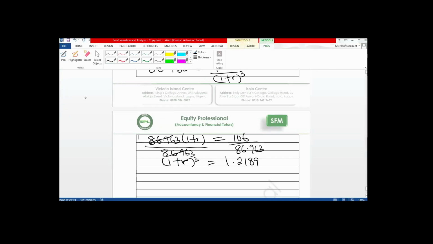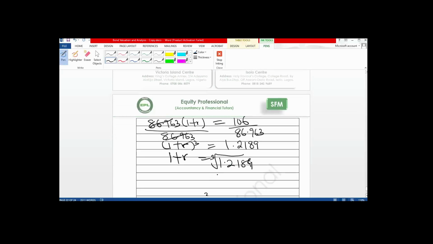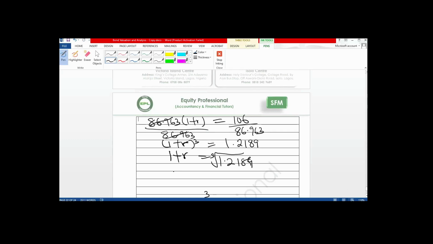All right, I'll pick my pen back. That means 1 plus R is equal to the cube root of 1.2189. Find the cube root of 1.2189, which is 1.068.